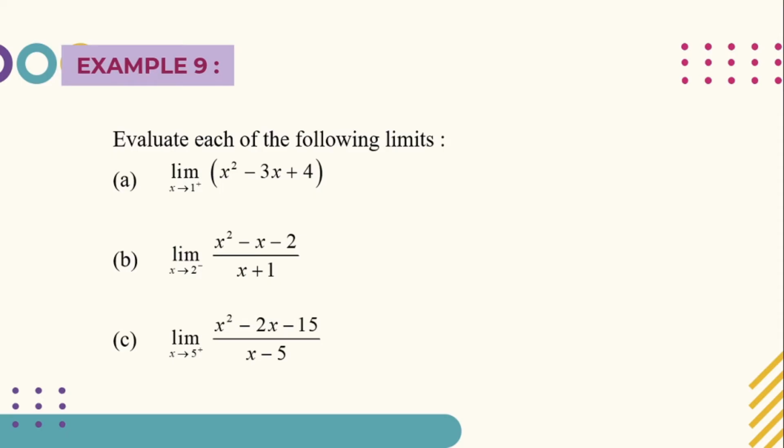As we already know, the limit can be evaluated by substituting the value of x into the function f(x). If you get a value, it means we have got the required limit value. Otherwise, if we get an indeterminate form, 0 over 0, we need to use another method, either factorization or multiplication of conjugates.